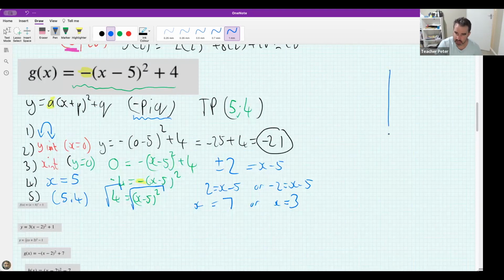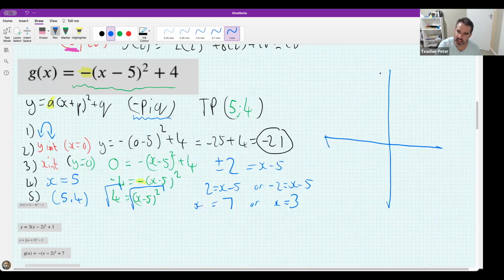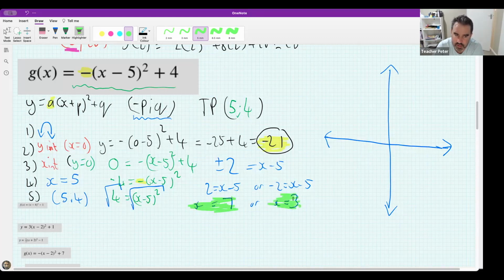I want to give you some time to draw this graph by yourself now. So it's over to you to draw, but I want you to say done when you are done, and then I will come along and draw it with you. But I want to give you a chance to practice this. And the important things that you need to use when you draw your graph is your intercepts, which you have, and the turning point, which is sitting over here.